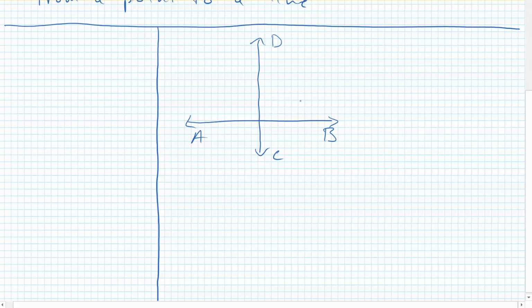If we know that this is a perpendicular bisector of AB, bisect means to cut in half. And so we know that these two legs are going to be the same size. And we'll go ahead and label that intersection E. So if we have a perpendicular bisector, we know that DC is at 90 degrees to AB.